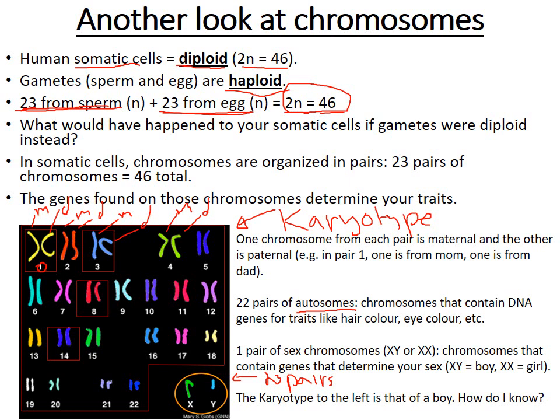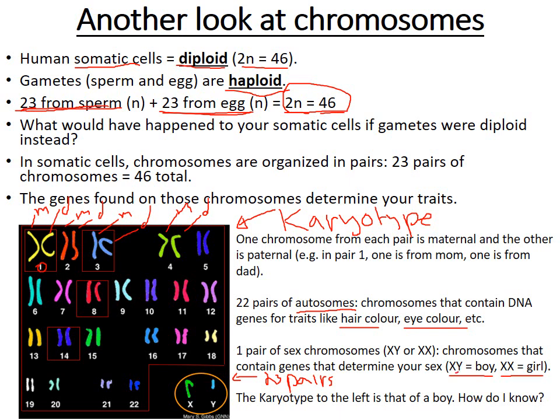So genes that might control your hair color, your eye color, height, and various things. And this is simplified, but you also have a pair of sex chromosomes that determine your sex, if you're a boy or a girl. So if you have XY, that means you will become a boy, and if you have XX, you will be a girl.